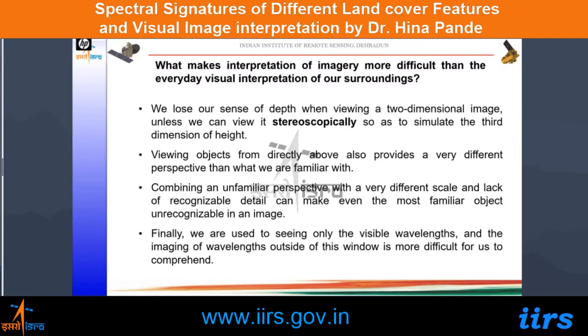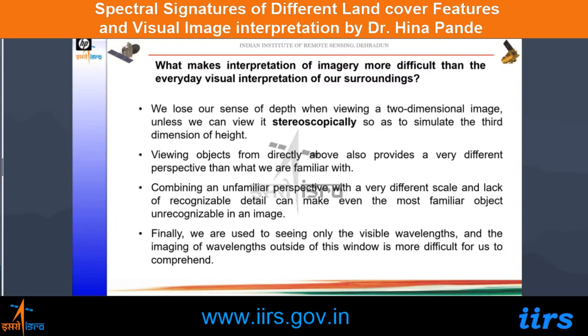So spectral resolution tells us which part of the electromagnetic spectrum has been measured and what is the bandwidth, how narrow the bands are, what is the narrowness of the regions of the electromagnetic channels that the image is composed of.